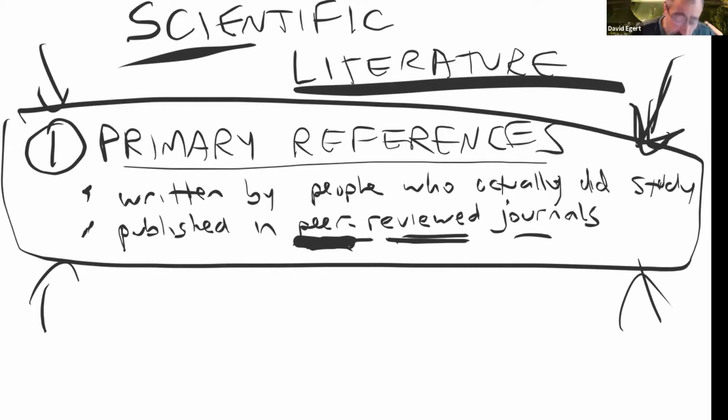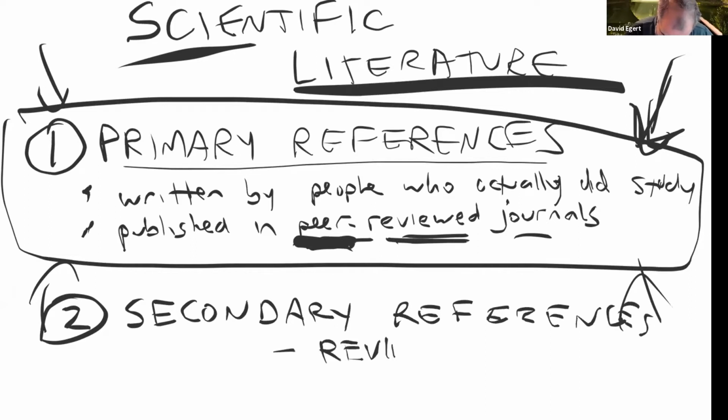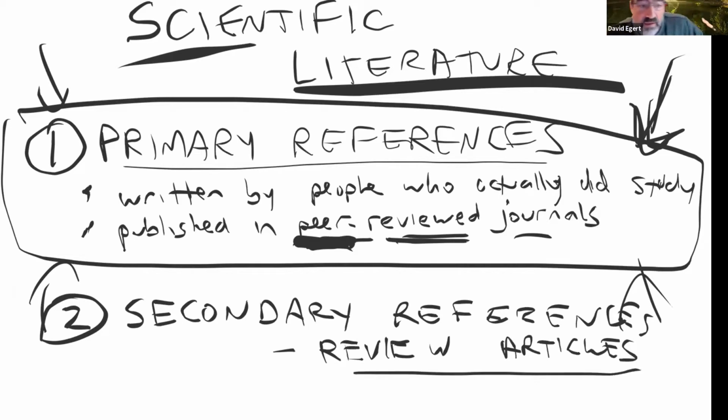So what is a really useful thing are what are called secondary references. These are review articles. You will probably find these very helpful when you're doing your projects.